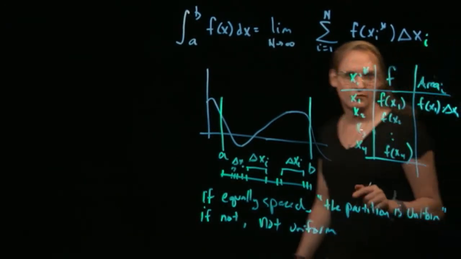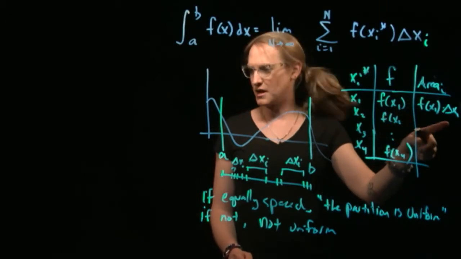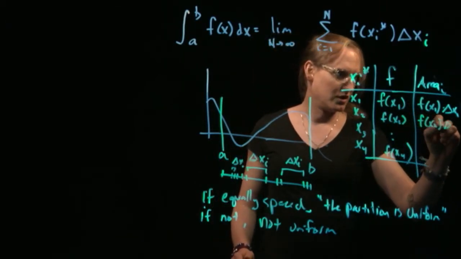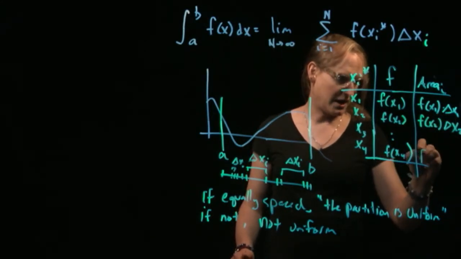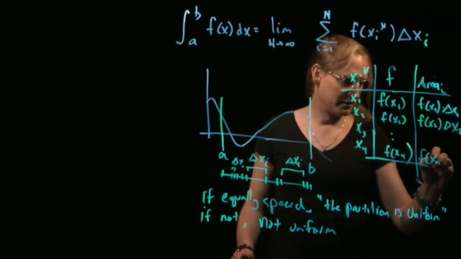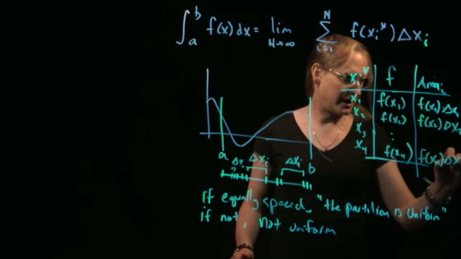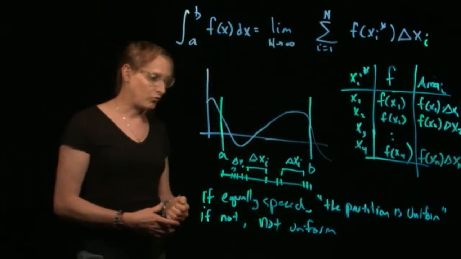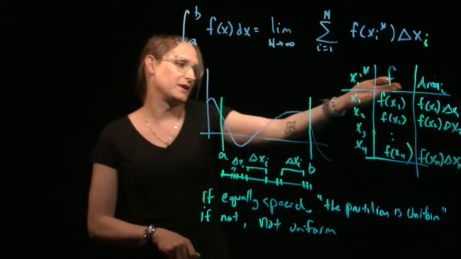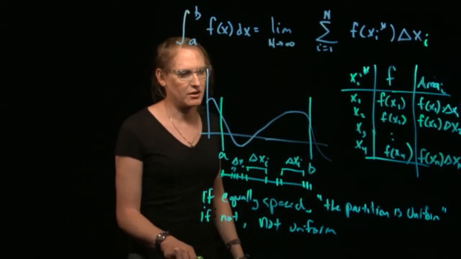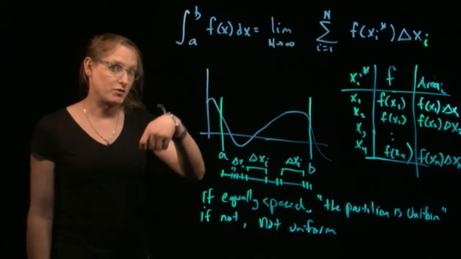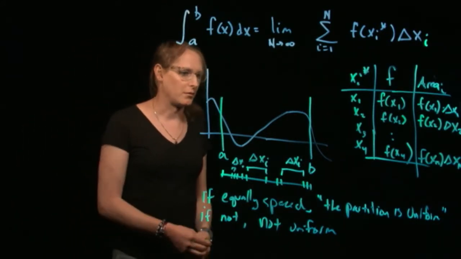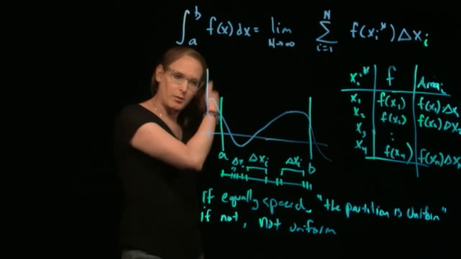So height times width, right? f of x sub 2 delta x sub 2, f of x sub n delta x sub n. So when your mesh is not uniform, you have to do the area of each rectangle individually, which for hand calculations sucks. A computer will readily comply with this, and is not willing to complain at all about this.